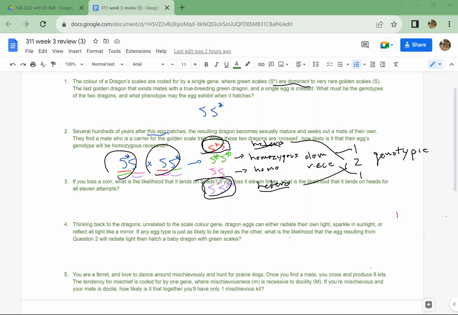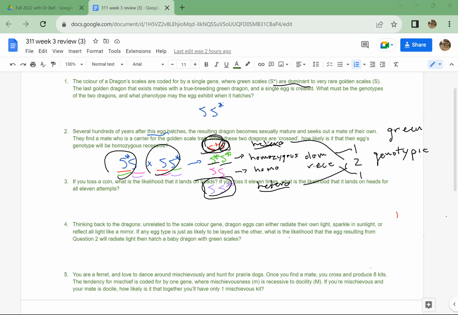However, this genotypic ratio isn't always expressed as an explicit or differentiated phenotypic ratio because of dominance. So because the S star allele dominates the S allele, any heterozygous individual in this cross would show up as green. They'd have green scales. Obviously, a dominant individual with two star alleles would show up as green.